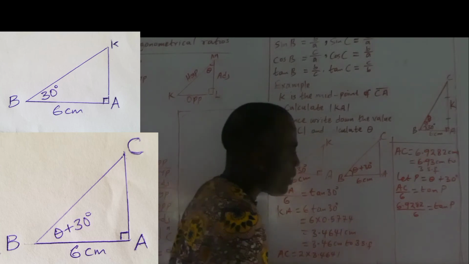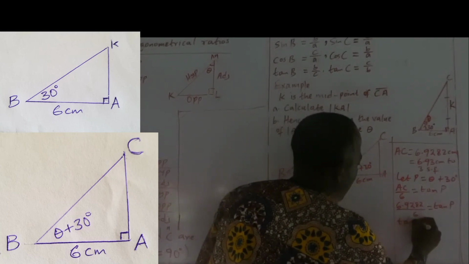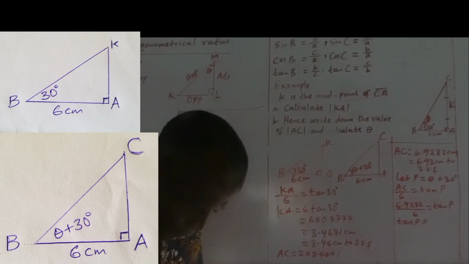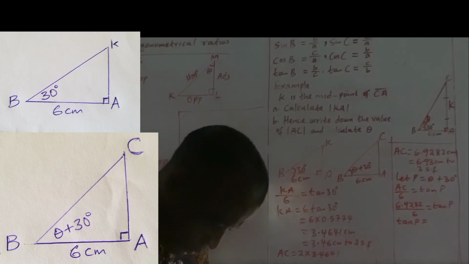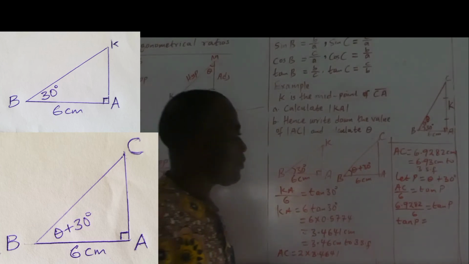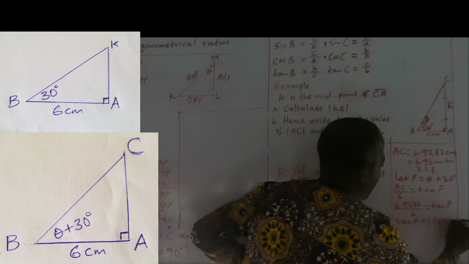So 6.9282 divided by 6, tan P is equal to 1.1547.